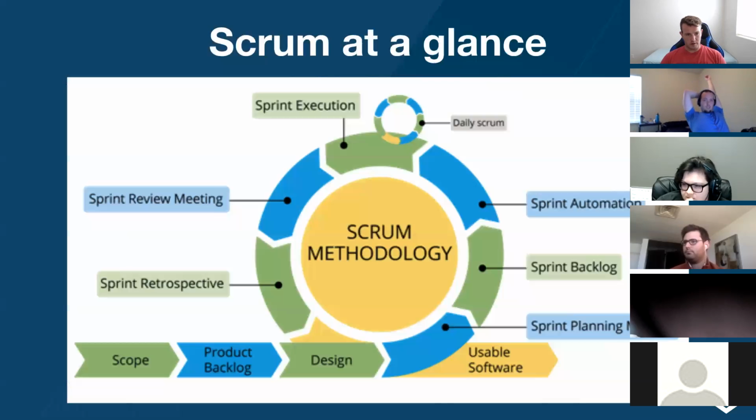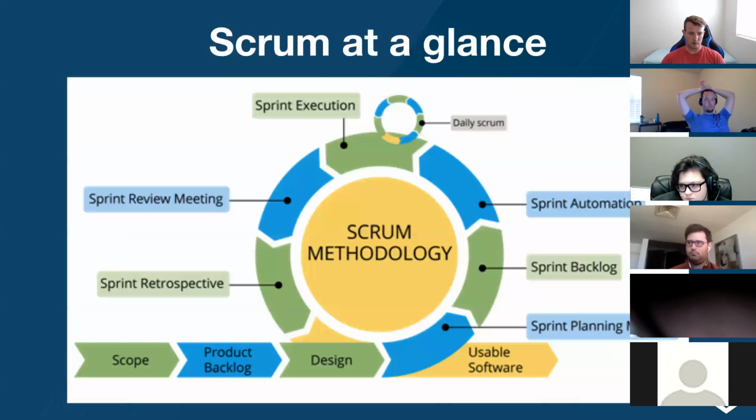Then at the end of the 2 weeks, there's a sprint review meeting where you look at what has been built during this sprint and move anything that wasn't completed into the backlog for the next sprint.